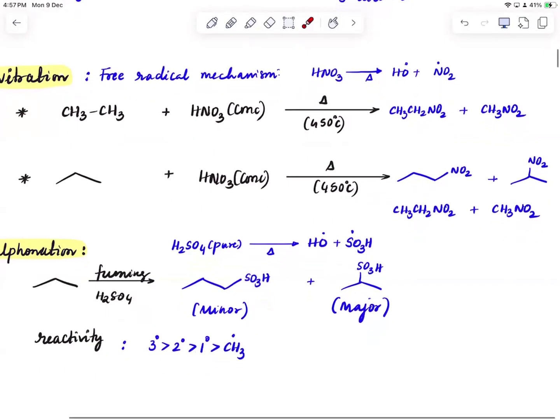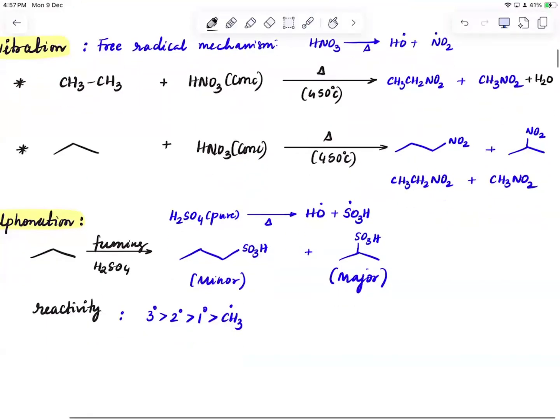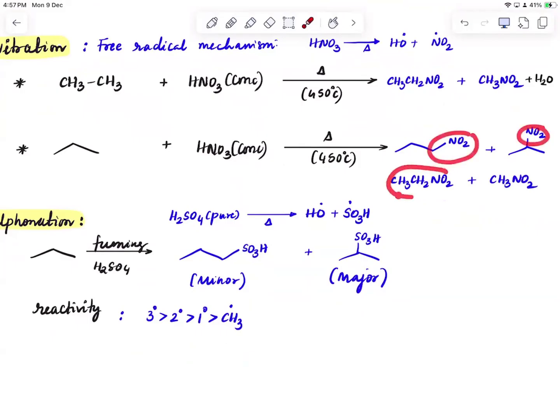So in a vapor state reaction, CH3 will give this product, as well as it will break between carbon and carbon, and those radicals will terminate to give the CH3NO2 product as well. The rest will be H2O because that hydrogen has gone. Same way, if you have propane, you will be able to get nitro at the 1 degree and 2 degree positions, as well as bond-broken products like methyl nitro.